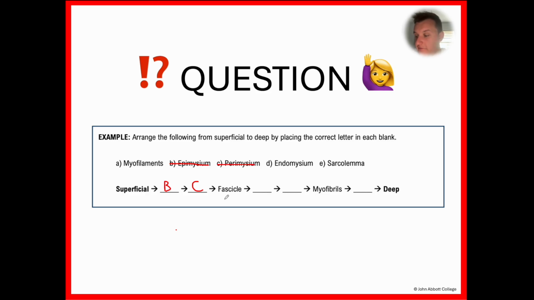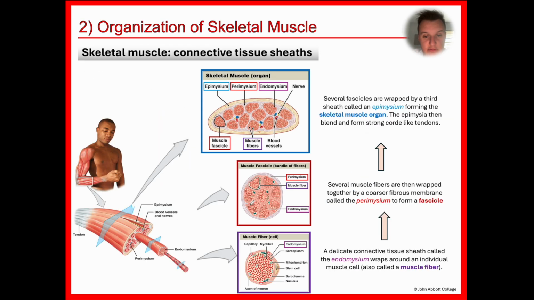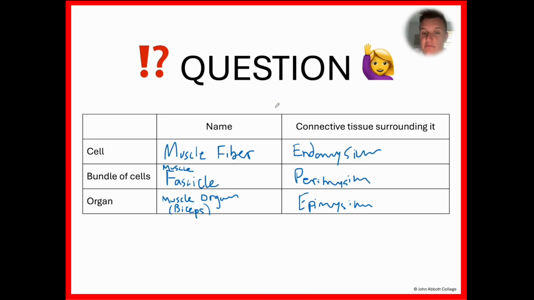And from the fascicles, right, if I go back to my little sheet here, you see this is like one fascicle, right? And in one fascicle, all of this connective tissue in between, remember, is called the endomysium, right?